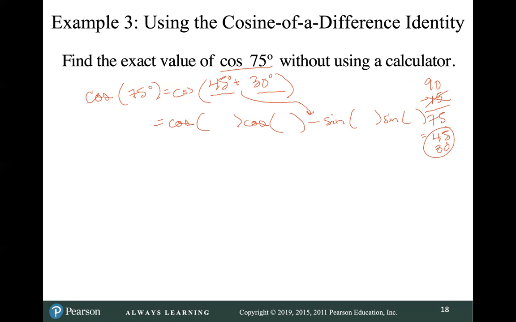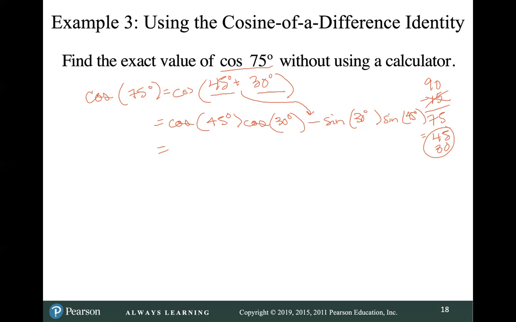And then I fill in the angles. So that's 45 degrees, 30 degrees, 30 degrees, 45 degrees. And again, the last two you can put in either order because you're multiplying them. 5 times 3 is 15, 3 times 5 is 15. Same thing works for sine. As long as they're being multiplied, the commutative property holds.